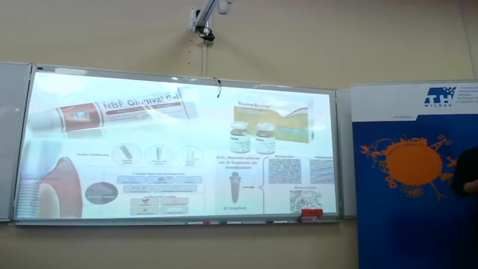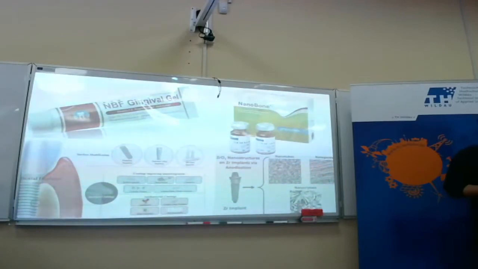And also we use topical gels and different medicines for treatment of inflammatory diseases of periodontal structures, like gingivitis and periodontitis. And also nanoparticles are widely used in manufacturing of dental bonds and special agents for hypersensitivity treatment.